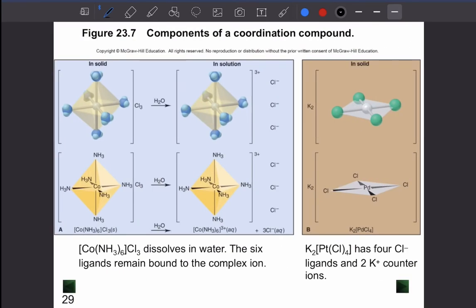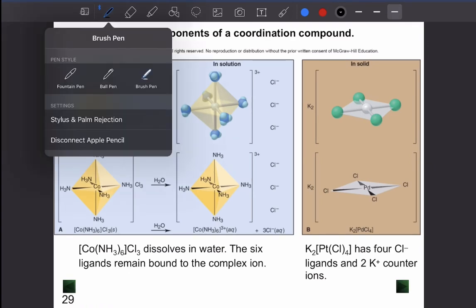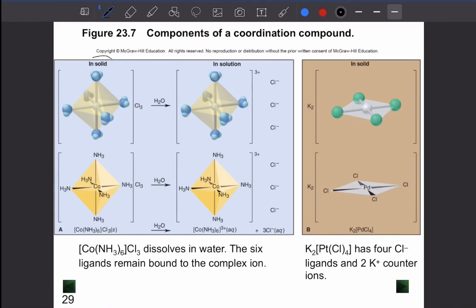Now, what are the components of a coordination compound? A coordination compound contains a solid material and something that dissolves in a solution. So how do you differentiate it? When you dissolve it in water, it loses the charged material, and the metal compound stays intact. That is what is called the complex ion. So it makes an ion where one of them is really complex and it is bonded to simple ions.